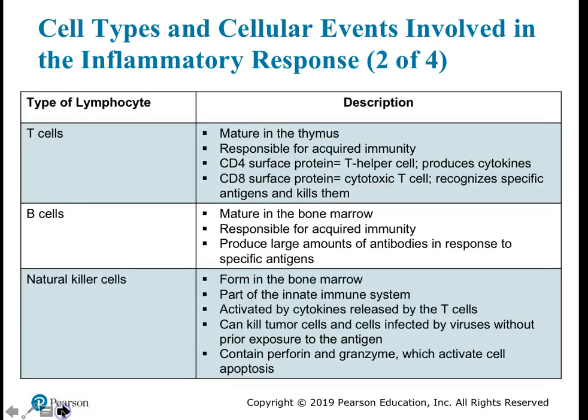Now, we're going to have tables. And these tables are going to be great for coming back to Chapter 11. Chapter 11 is something that you will be looking at over and over again, because inflammation raises its ugly head over and over during the semester. This is giving you a lot of detail that I am not going to go into right now.